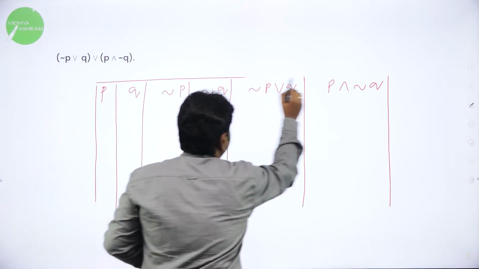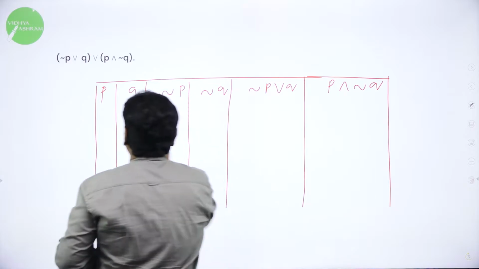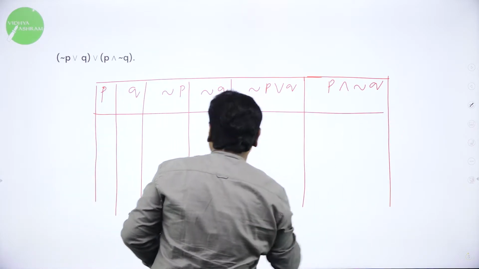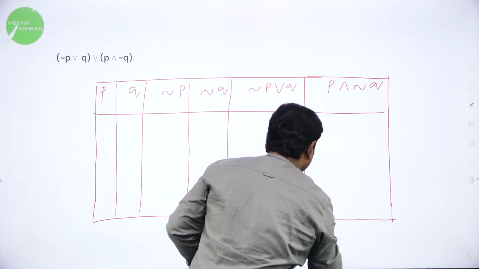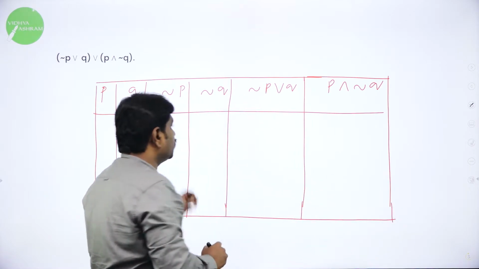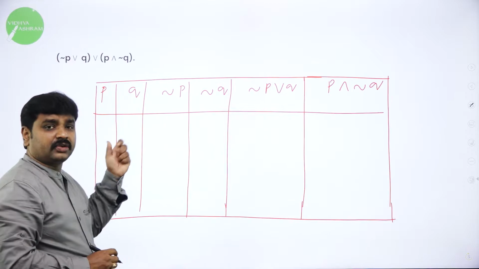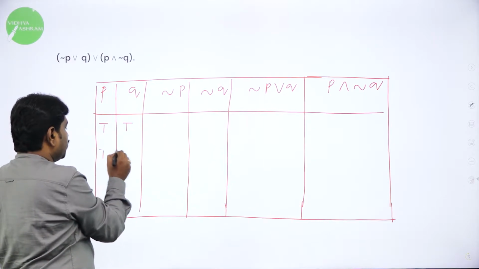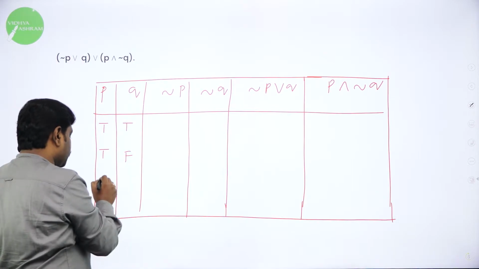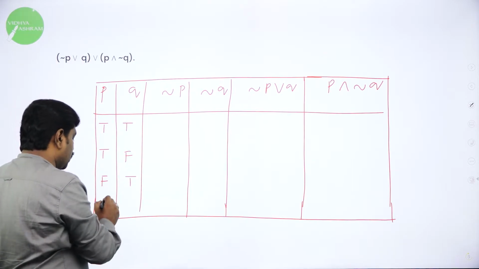Now we'll construct the truth table. All of you know how to construct the truth table. Now what are the possibilities of P, Q? P may be true and Q may be true, or the first one may be true and the second one may be false, or the first one may be false and the second one may be true, or both may be false.